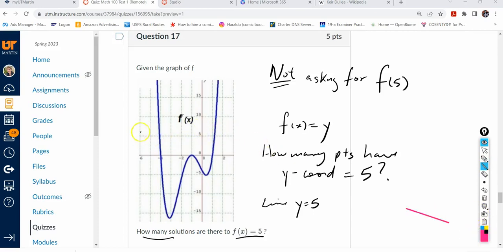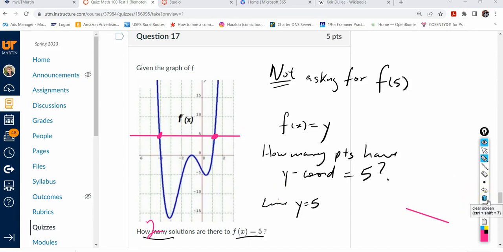So the line y equals 5 is here, and you can see that it intersects the graph twice. It has 2 points on the graph whose y-coordinate is 5. So that's what it's asking us. And so the answer to this question would be 2.